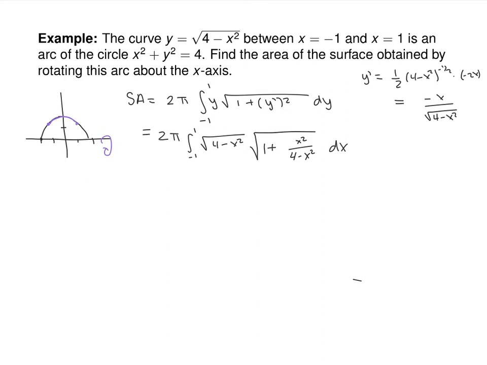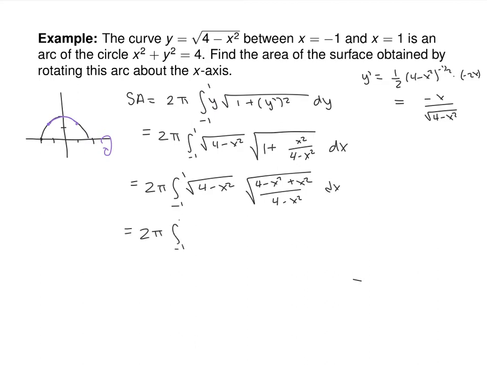So get a common denominator now. So we'll have 4 minus x squared plus x squared over 4 minus x squared. And that becomes square root of 4 over 4 minus x squared.